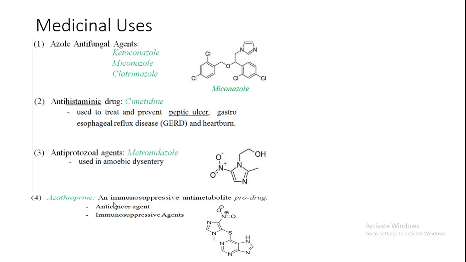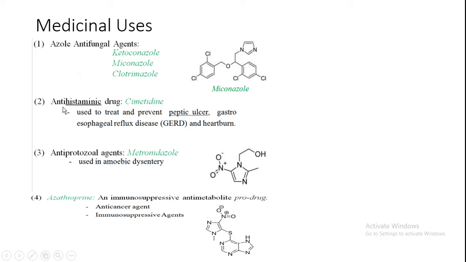Next we will see the medicinal uses of imidazole. Here I have given 4 uses. First one is azole antifungal agents. Most of the azole antifungals contain a structure like imidazole. Here I have given one example, miconazole.